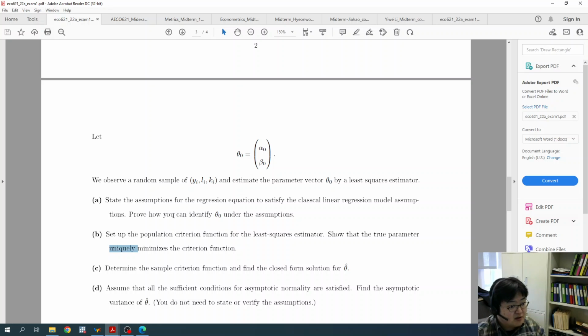That means the second order condition is the main point. So not showing the second order condition is never complete. Showing only the first order condition means it may not be unique, and it may be a minimum or a maximum. So the first order condition is not complete at all in this question. That's another comment I wanted to give you.